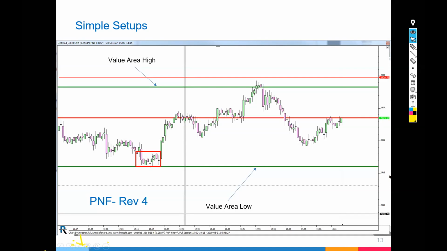The nice thing about those trades is my stop loss is fairly tight. My stop loss really is the low of the prior green bar in this case, and I can use a rather tight stop and not get into a lot of trouble with these simple trades.